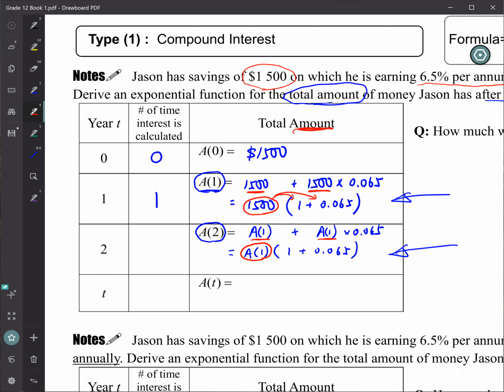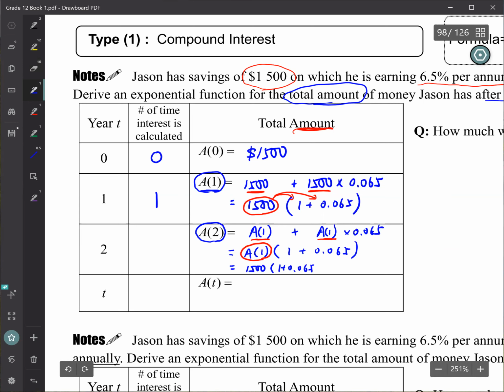So after this, because A1 is actually 1500 times 1 plus 0.065, I'm going to replace A1 with 1500 times 1 plus 0.065.